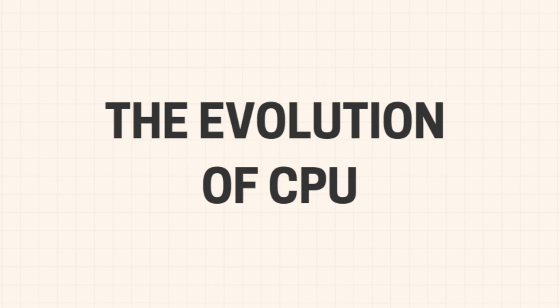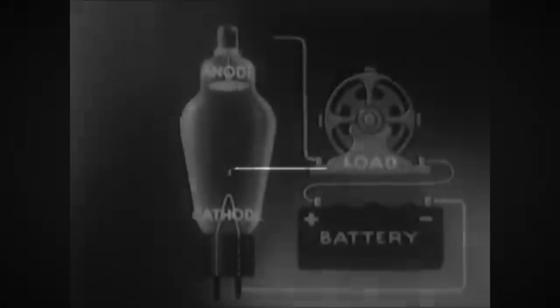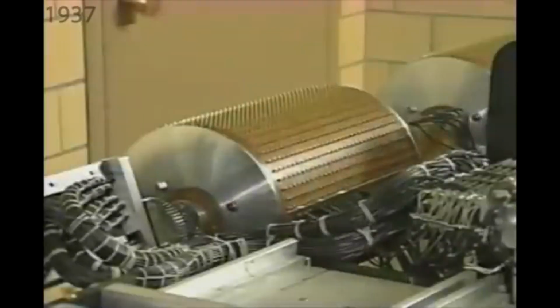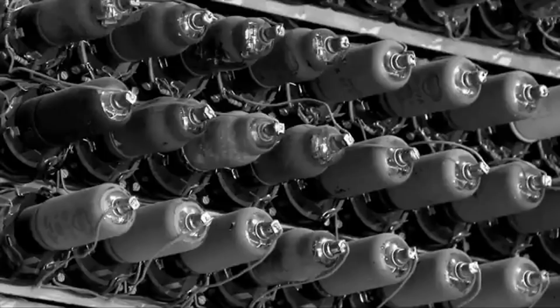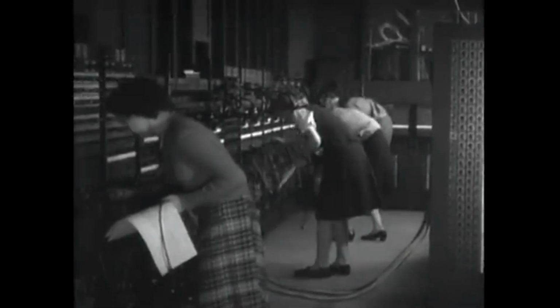The evolution of CPUs. Over the years, CPUs have evolved significantly. Let's take a quick look at the key milestones in CPU development. Early CPUs, 1940s to 1950s, the vacuum tube era. In the 1940s, the first computers used vacuum tubes to process data.